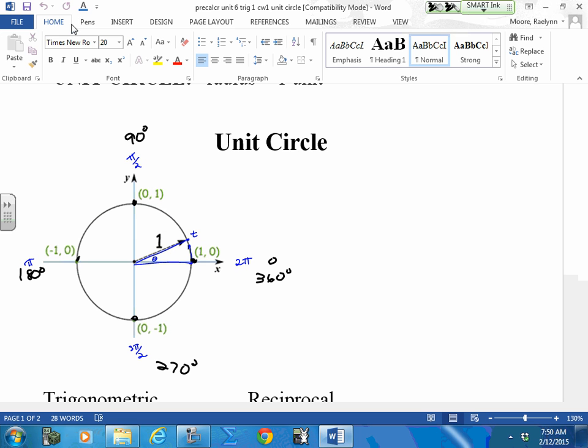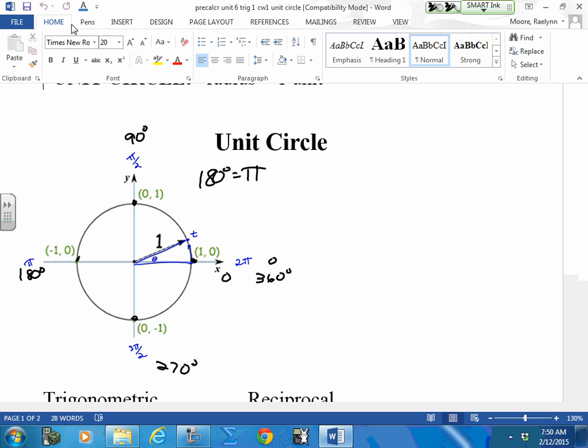In degrees. In radians, this is 0 radians. This is pi over 2. This is pi. This is 3 pi over 2. This is 2 pi. The key to remember this is 180 degrees equals pi.